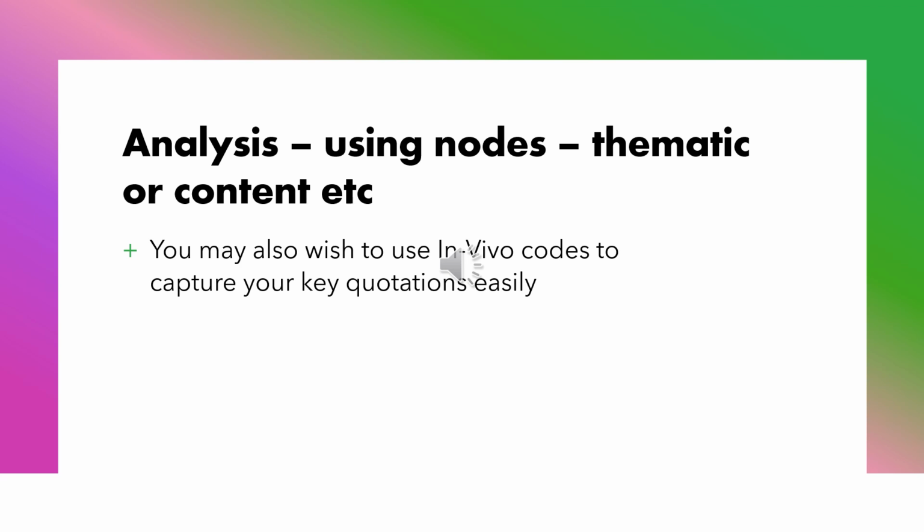And if that's the case, we'd recommend that you make NVivo codes of those. Remembering that an NVivo code is a code that is named the exact wording of the text. So make a number of NVivo codes where you're capturing what we might call key potential quotations for later use.